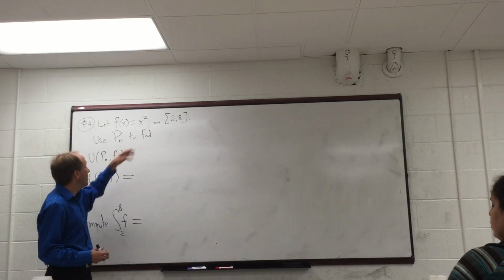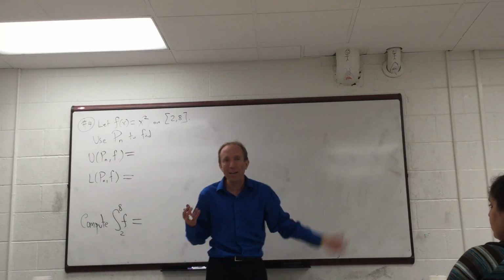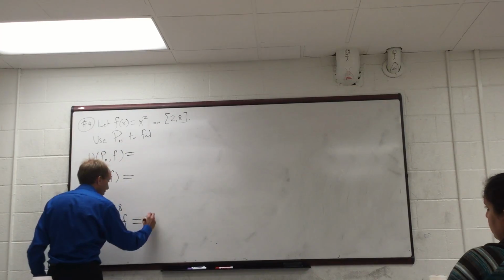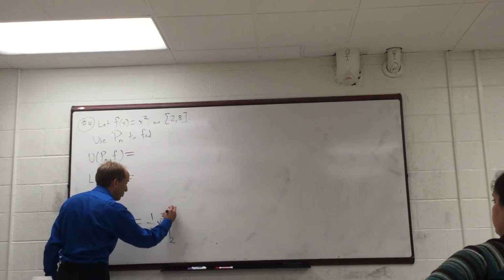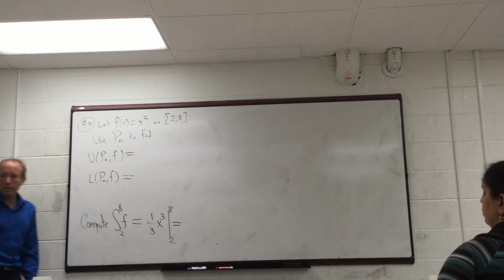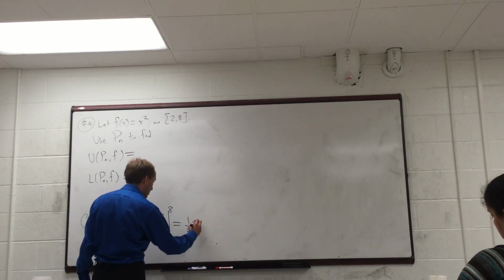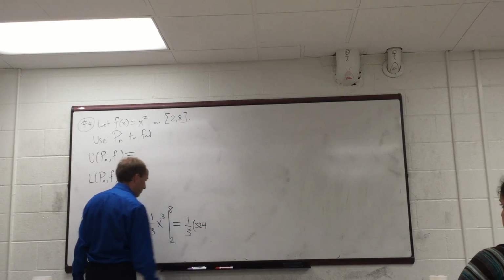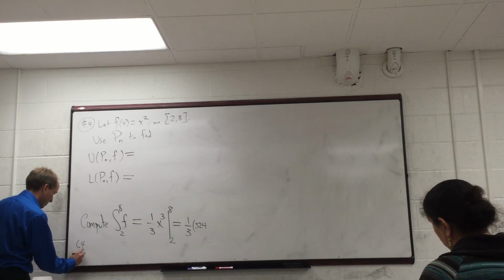So if we wanted to think ahead to the fundamental theorem of calculus, we could find an antiderivative for this, which we all know, 1/3 x cubed, and we could evaluate it from 2 to 8 and come up with an answer. I think 8 cubed is 324, I believe. 64 times, is that right?